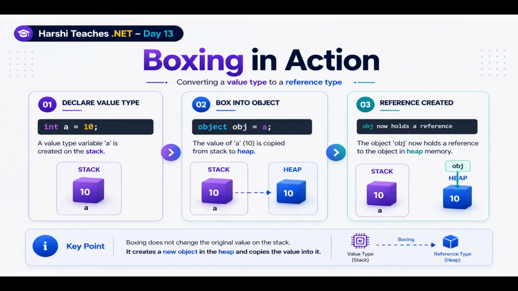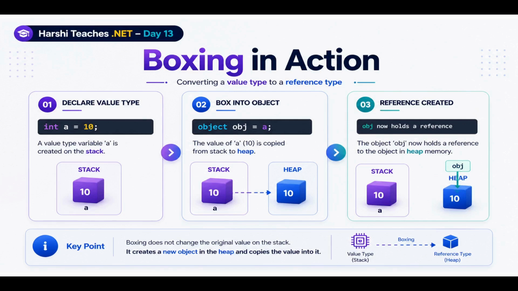So now we have two things here. The original value a is still in the stack and a new object is created in the heap with the same value. And finally, the variable obj doesn't store the value directly. It actually holds a reference to the object in the heap. So now obj is pointing to the value that is stored in the heap, not the stack.